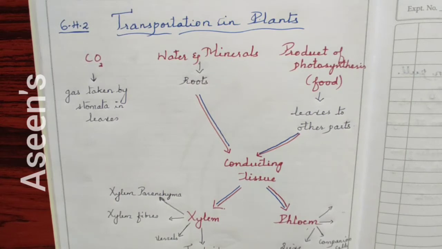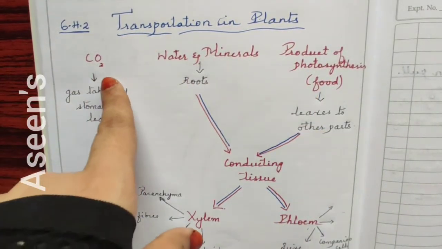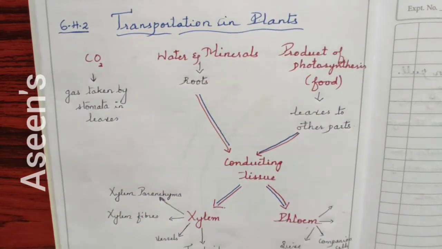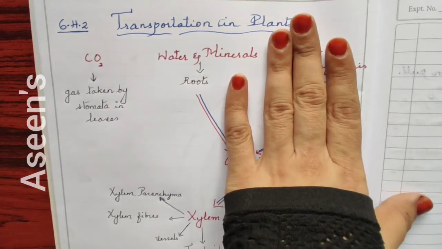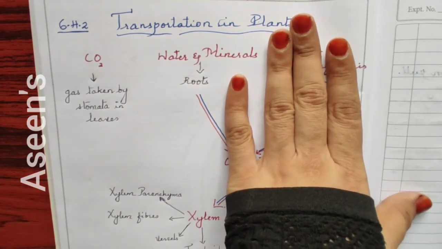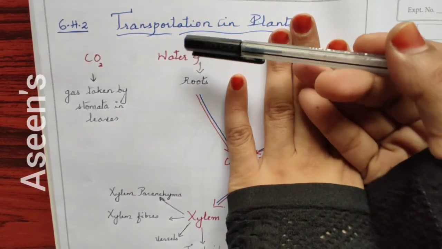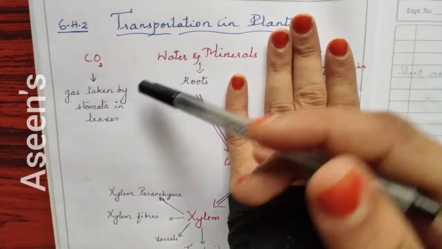It is an important process in plants which helps the plant to survive. For photosynthesis, the raw materials required are carbon dioxide, water and minerals, and what is produced after photosynthesis is the food material. Other than this, we need sunlight. Sunlight does not need to be transported inside the plant's body, so we won't be talking about it.